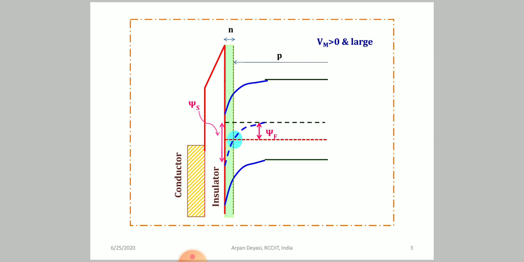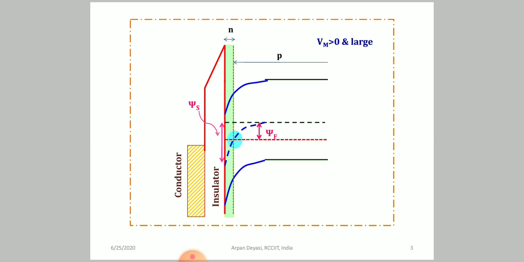And why? Just because of the accumulation of minority carriers, a heavy amount of accumulation. So depletion turns to inversion, and you will get the point of inversion, which is clearly shown by the blue color circle in the background. If you look at the junction, you will find it.